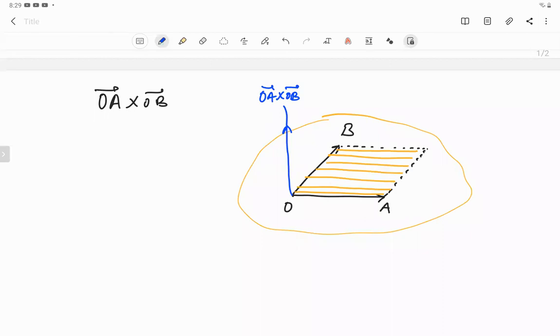And when we calculate its magnitude, it gives us this purple area, which will be given a red color, okay?